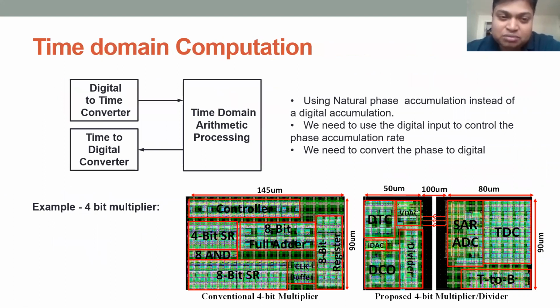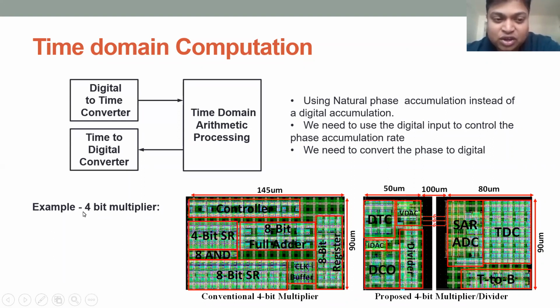And this accumulation process, if controlled properly, can reflect the accumulation we do digitally to represent multipliers, adders, etc. Right? And what we need along with it is the digital to time and time to digital, because only this part can be done in the time domain. We eventually have to interface to a digital world, right?